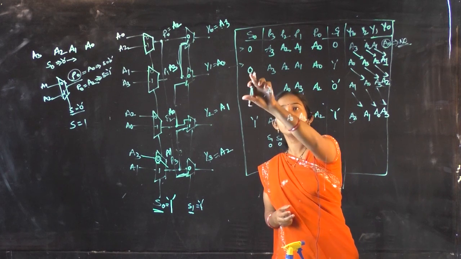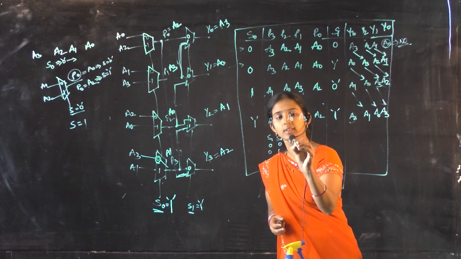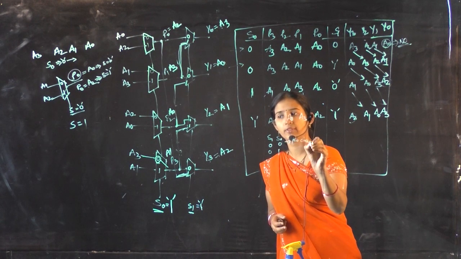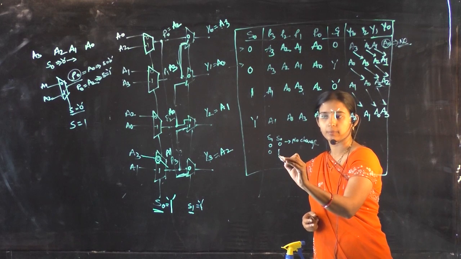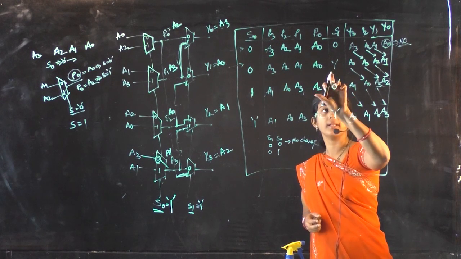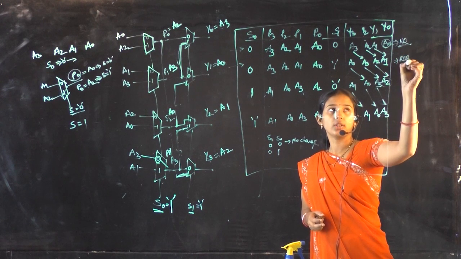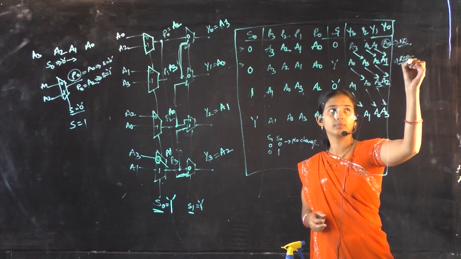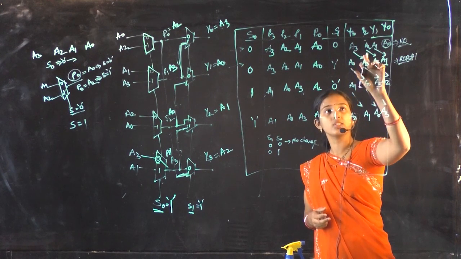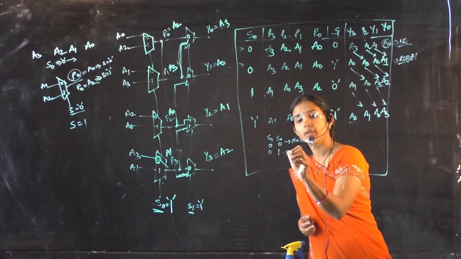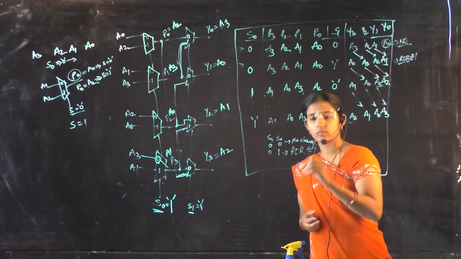If selection line is 0 1, whatever the data input you have given, you will be getting your output. If it is 0 1, that means only one right shift. It is like one right shift by 1. Whatever this data is shifted towards right. So it is circular right by 1 shift.